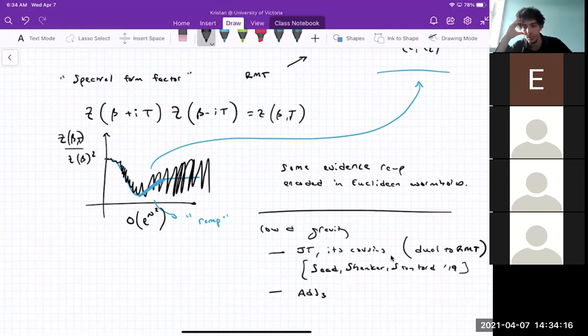But you can compute a similar amplitude in JT and see that it also encodes a ramp in the spectral form factor.